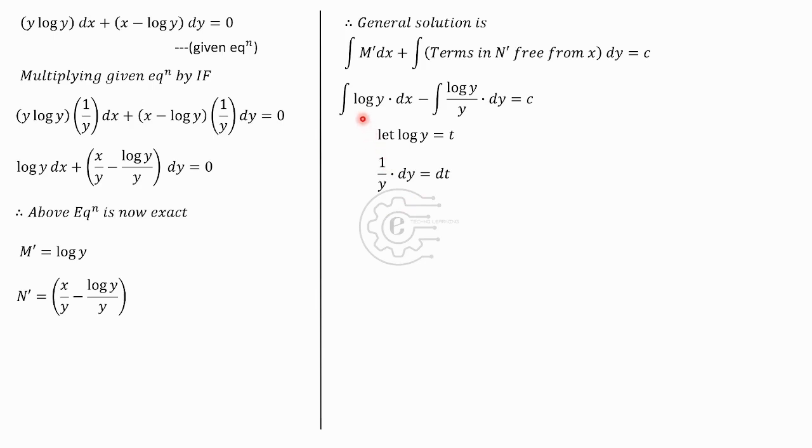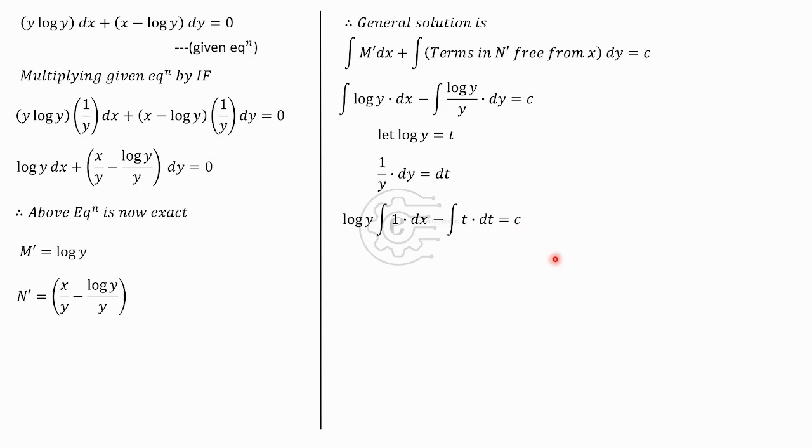Now here in the first term, log y will be constant because we are integrating with respect to x. So we write log y into integration of 1 into dx minus, instead of log y we will write t, and instead of dy upon y we will write dt, equal to c. Let us simplify this further.